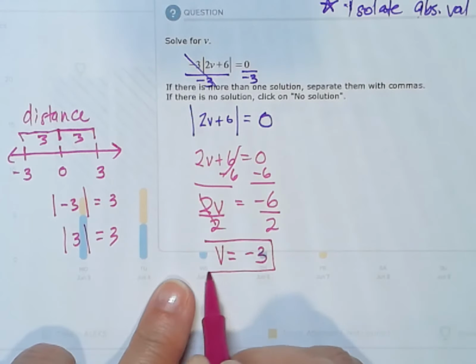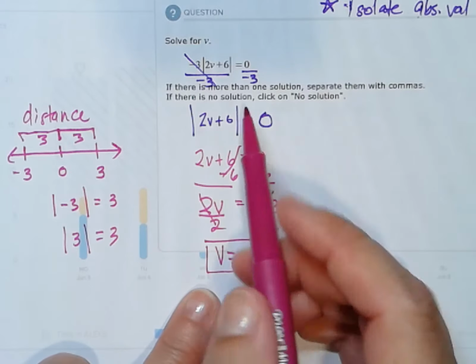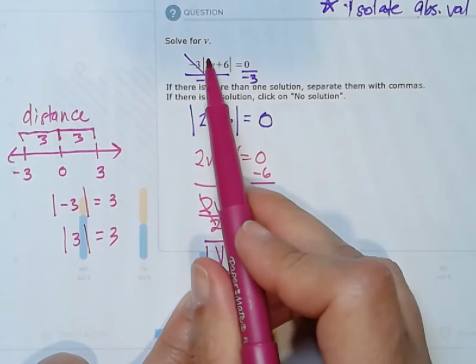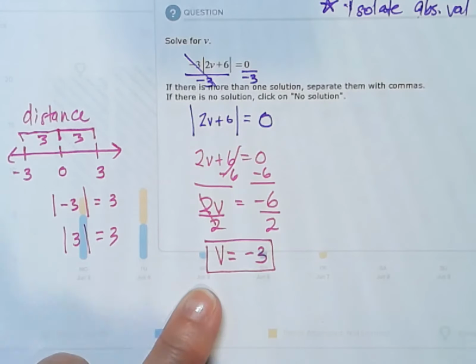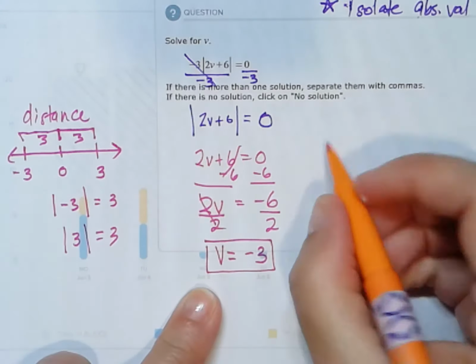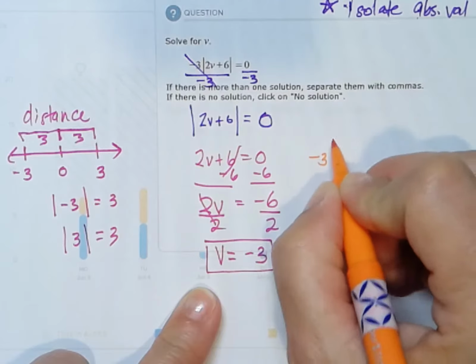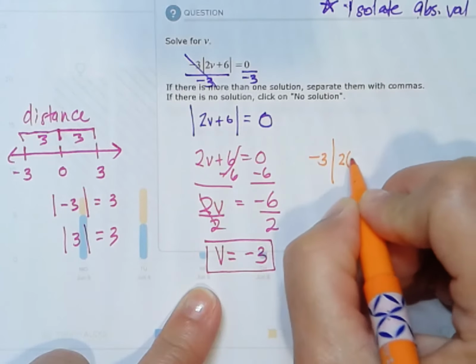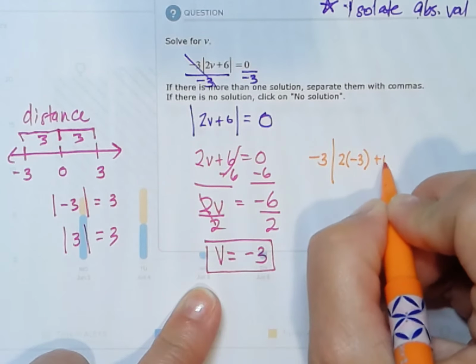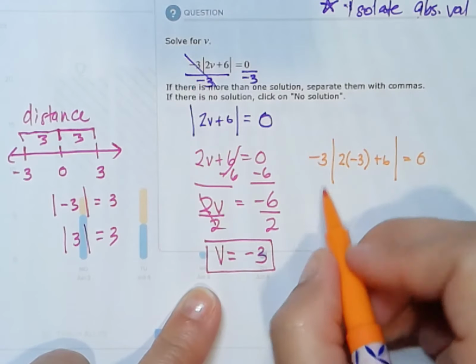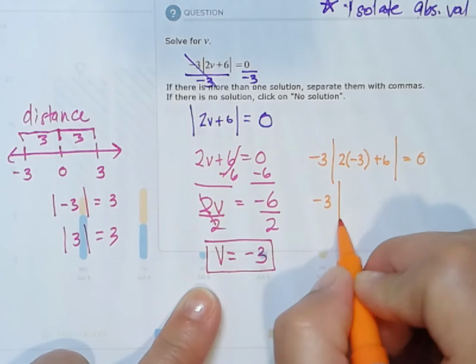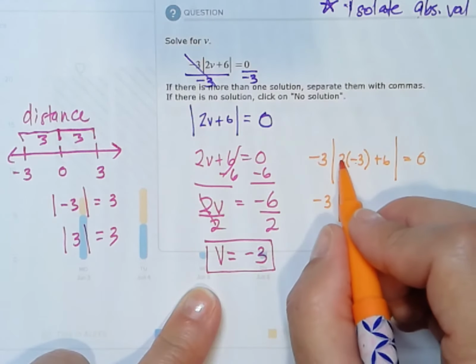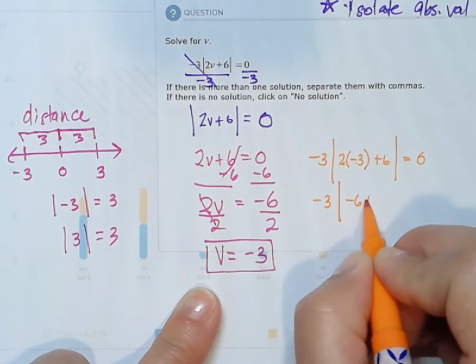So if v is -3, then this equation will be equal to 0. And I'll show you that that's going to be true. Okay, so all I'm going to do is take that -3 and plug it in. So then I get -3 times the absolute value. This is 2 times -3, which is -6.